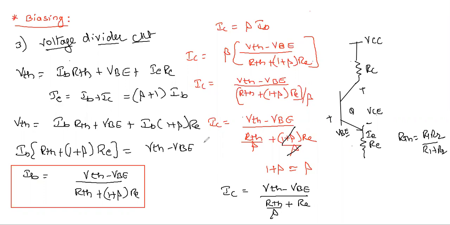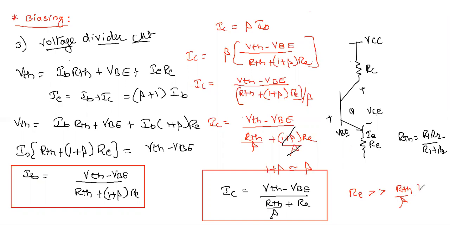Here also, to make the transistor independent of beta, we should make the value of RTH very less. We can make IC independent of beta by considering the value of RE must be much greater than RTH by beta. When RE is much greater than RTH by beta, that means we are assuming the value of RTH is very less, so that I can neglect RTH by beta.